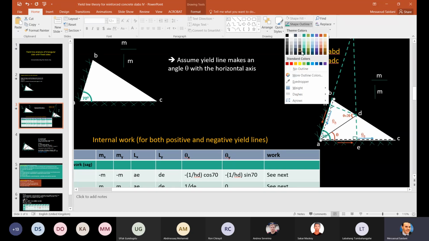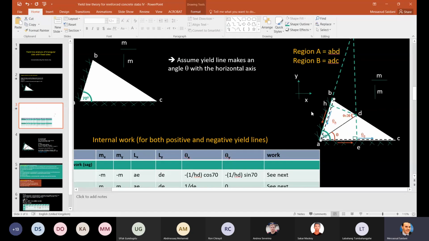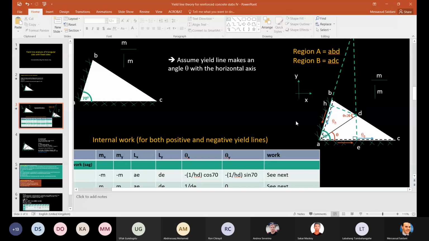Okay, so these are the negative yield lines, for the negative moments. Because when we have edges, when you have sides that are fixed, what happens there?